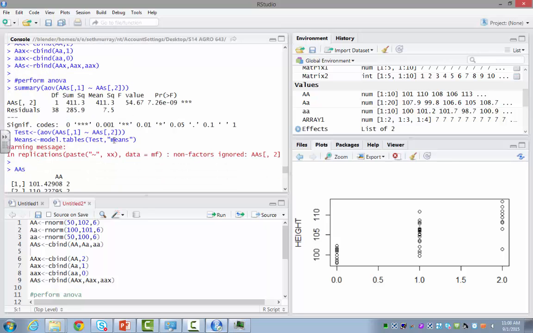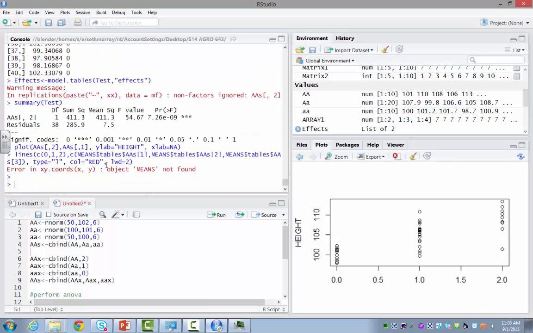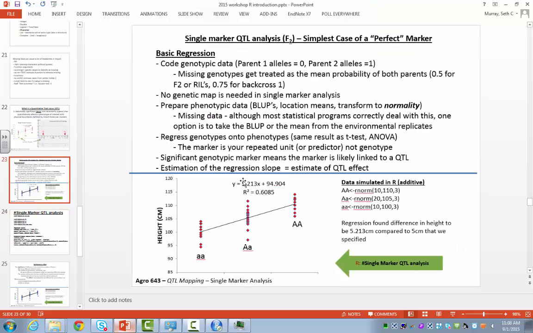Oh, I think this means needs to be capitalized. But what you can see is the difference here, and it should have given you your equation. Just like I was showing here, you get some equation. And you're testing the mean separation between these.